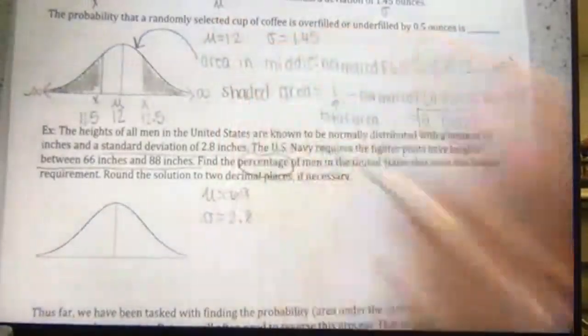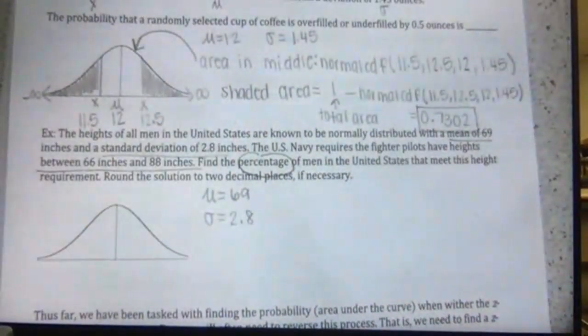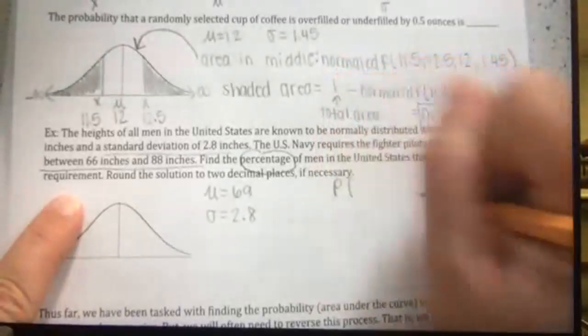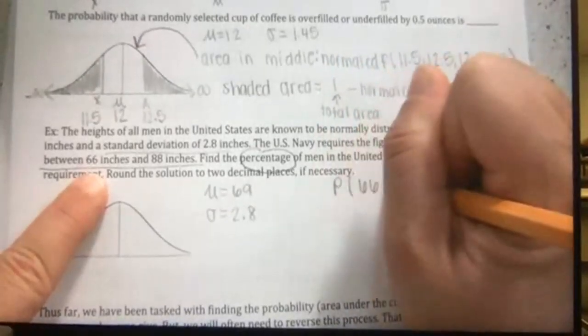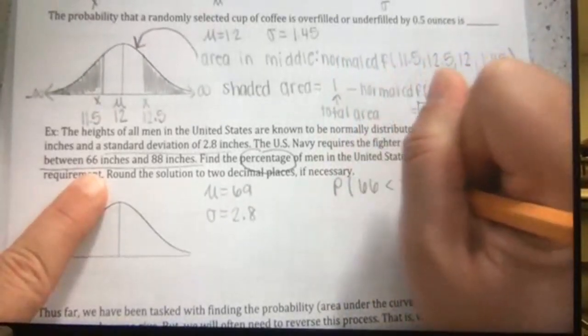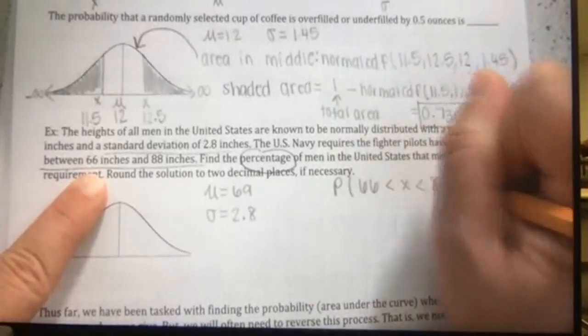But this says find the percentage. So that word percentage means I have to take my answer as a decimal and then turn it into a percent. So find the percentage of men in the US that meet this height requirement, rounded to 2 decimal places if needed. So we're trying to find the probability that their height, the X value, is between 66 and 88. So the probability that 66 is less than X is less than 88.